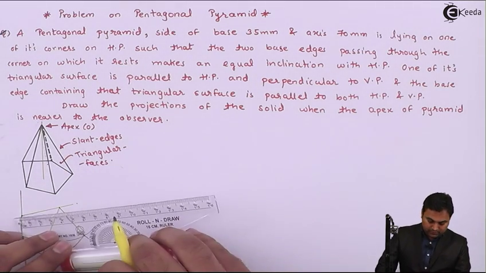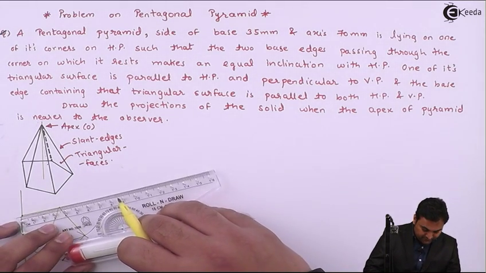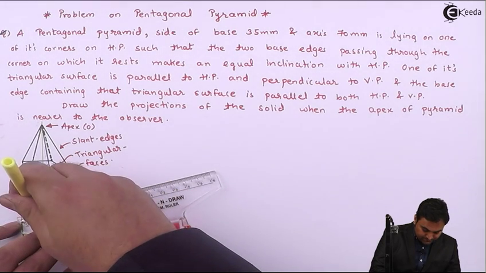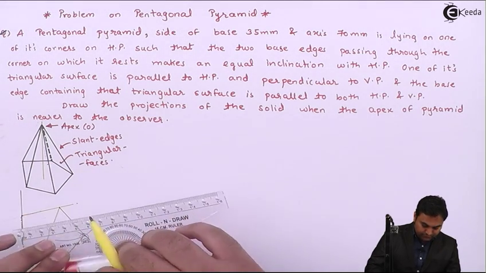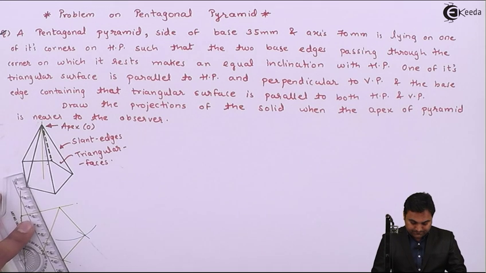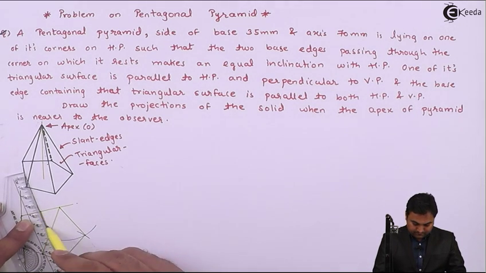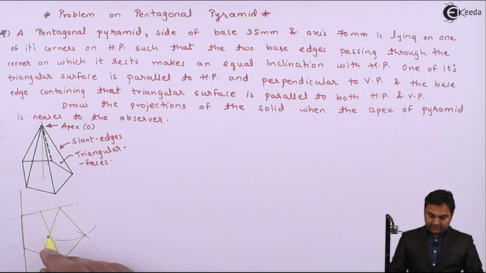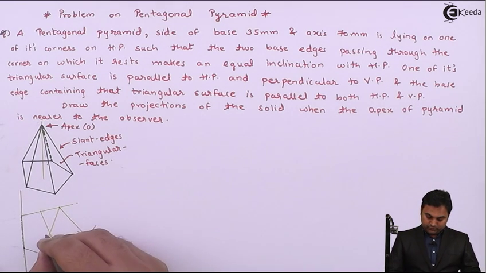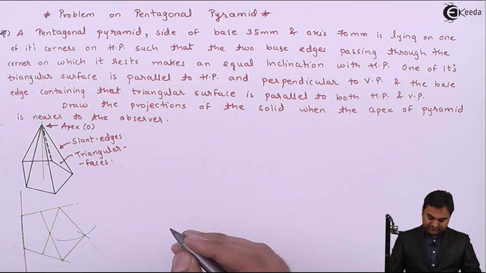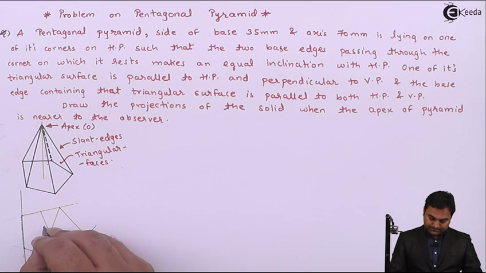Then taking the midpoint of any other side, joining it to its opposite corner, so here I get a point which is giving me the apex.